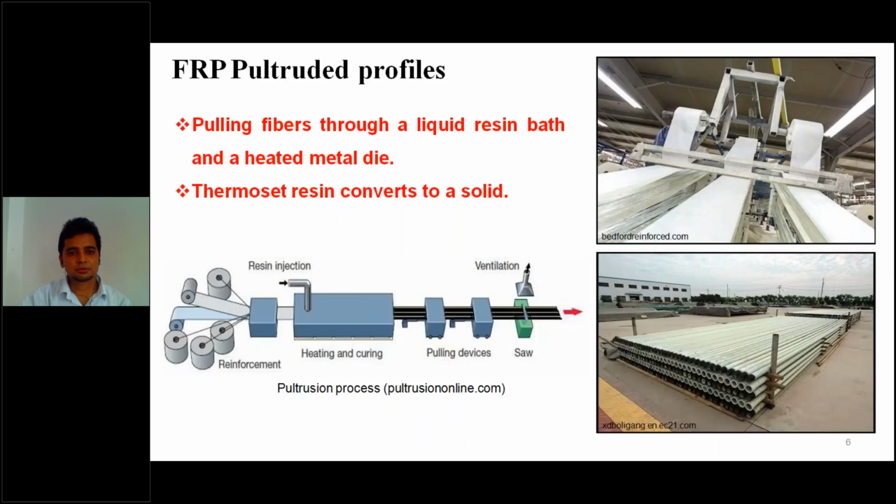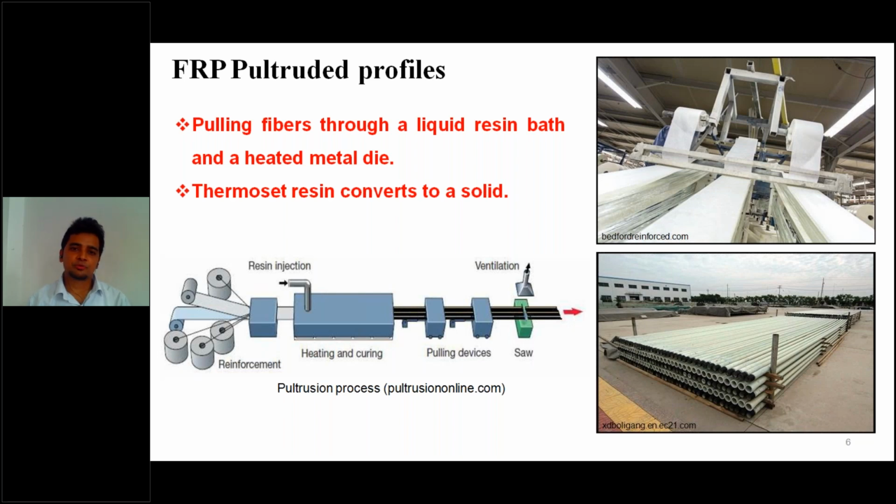And the third one is the FRP pultruded profile. The FRP pultruded profiles are now gaining tremendous popularity because of their manufacturing processes and the strength properties which they impart.